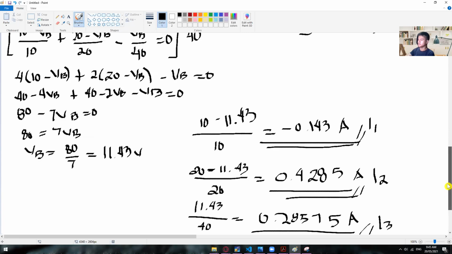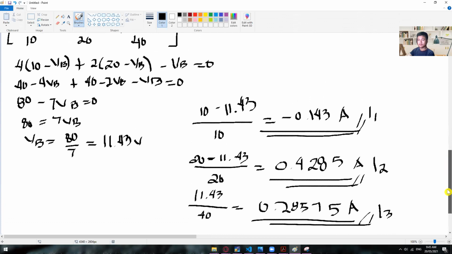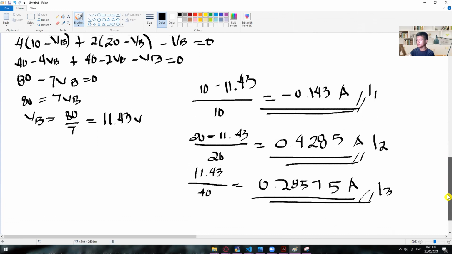This is now our I3. All right, so there you go. And then from here, you can also look for the VR1, VR2, and VR3 since we now have the individual currents.